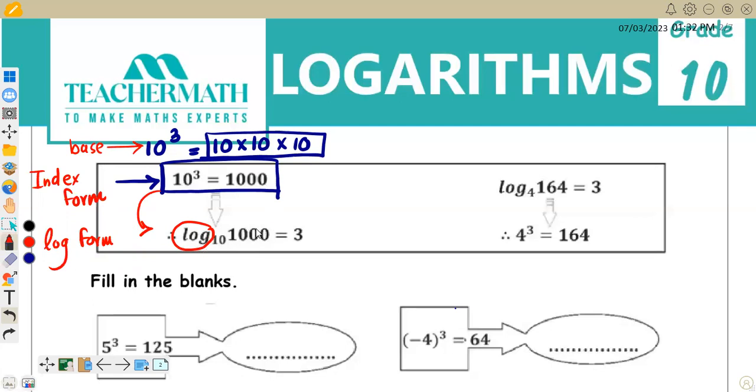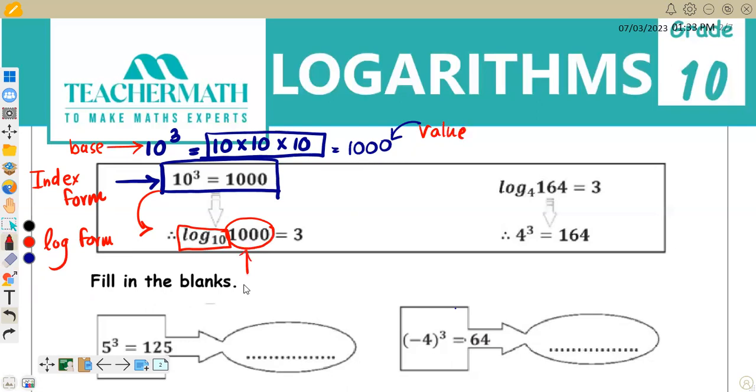Now here this is the base, log to the base. Now within the log term we write the value. In this case it is 1000. Then this is called the value. Value is written inside.